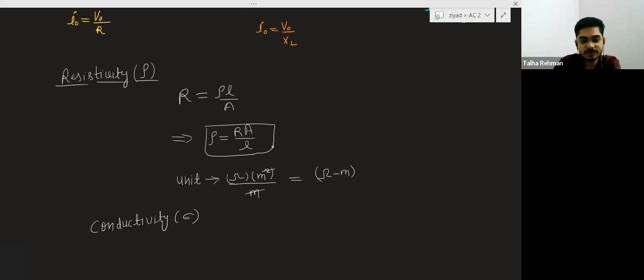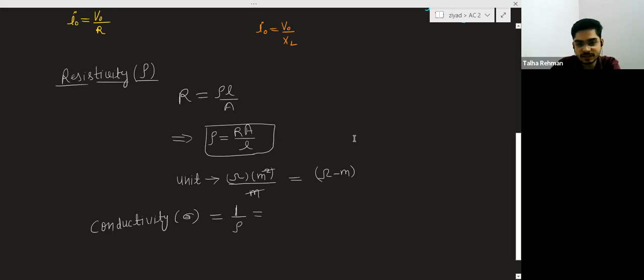Sigma is known as the conductivity. And there is one more sigma we have studied, the surface charge density in electrostatics. That sigma is different, this sigma is different. So basically conductivity is 1 upon resistivity.